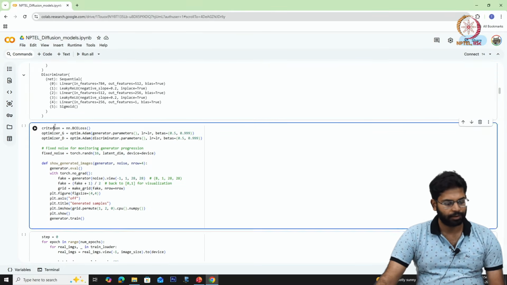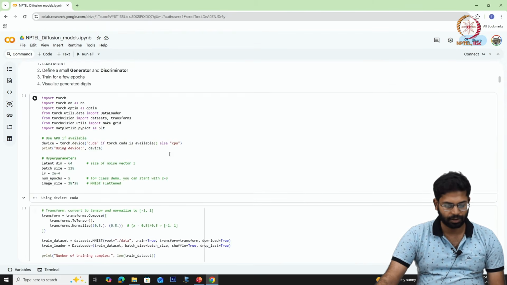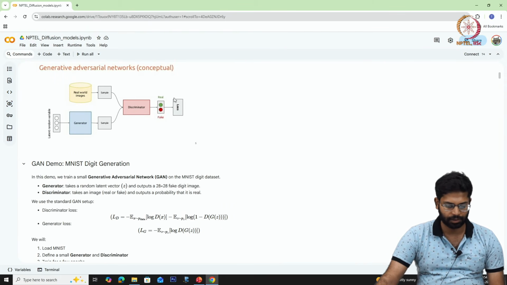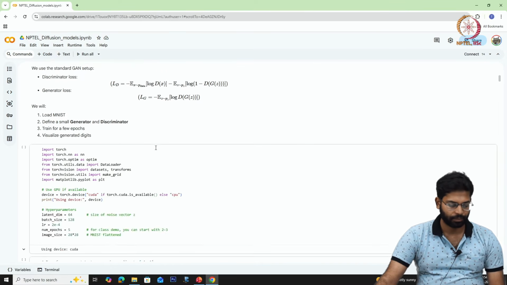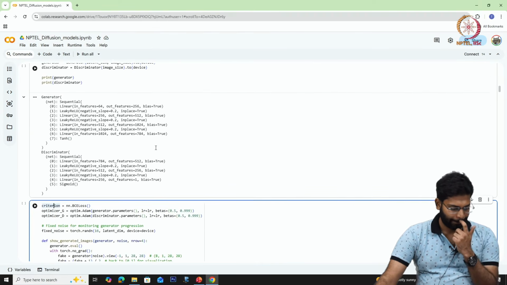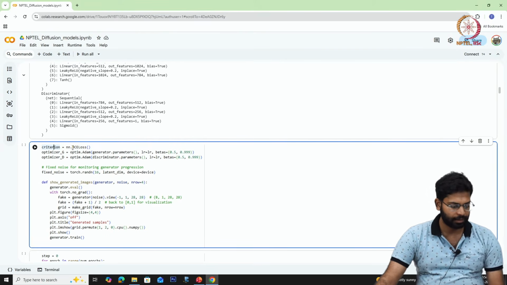Then you have to define the loss that you would be using to train it. Remember, you would need a loss which you will backpropagate through the entire thing, and both the discriminator and generator will be learned. So the criterion is binary cross entropy loss, because it's essentially a binary classification of real versus fake.